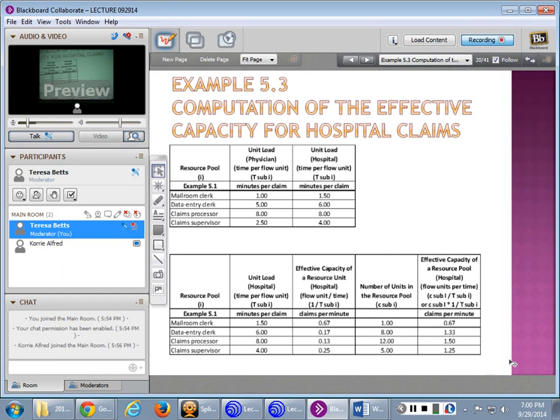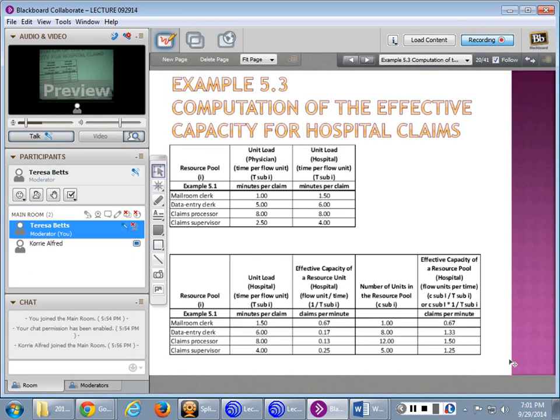Now all we're saying is, this is how many claims per minute each resource pool can do: 0.67, 1.33, 1.50, 1.25. Given these claims per minute, think about what we talked about with bottlenecks. We can look at units per time, where the lowest is our bottleneck, or time per unit, where the highest time becomes our bottleneck.